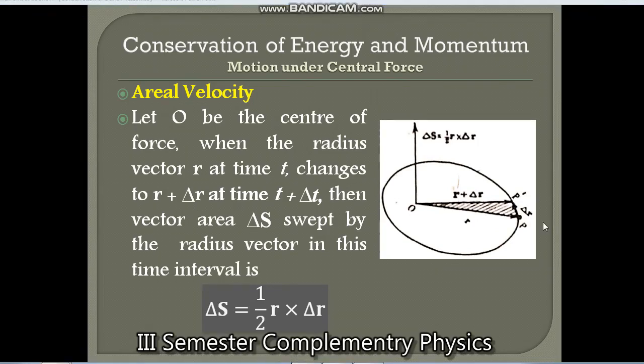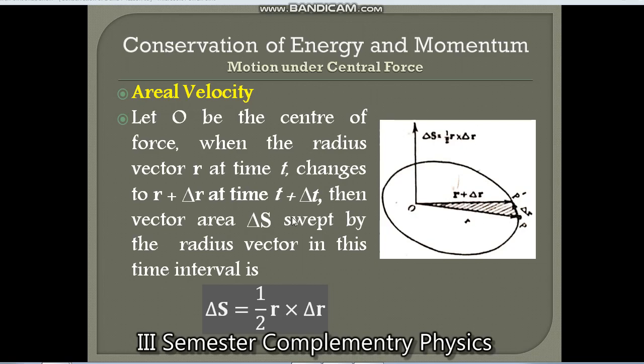The particle is at the point P at a time t, it reached the point P dash at time t plus delta t. So the position vector of the particle changes from r to r plus delta r. So this vector is r and this vector is r plus delta r, that is the final position. So this vector along the arc of the circle will be the change in position delta r.